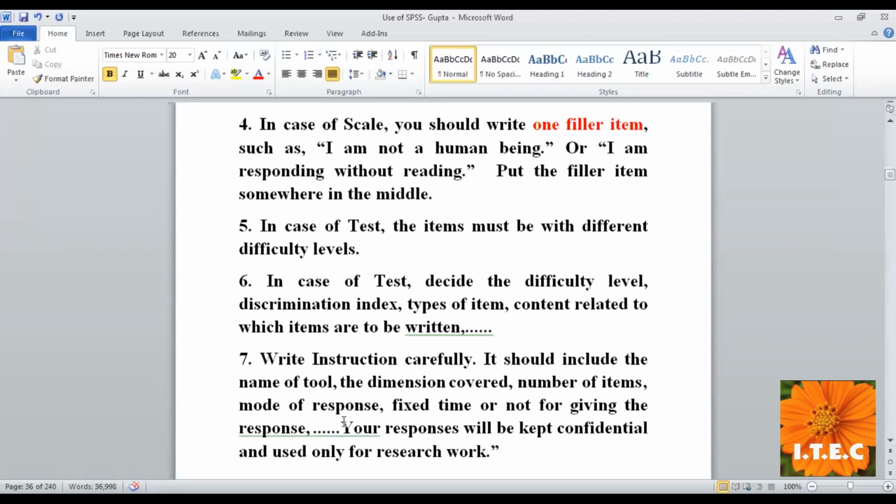So this sentence is very, very, very important. You have to write this. Okay. So these are some of the points which you have to keep in mind.